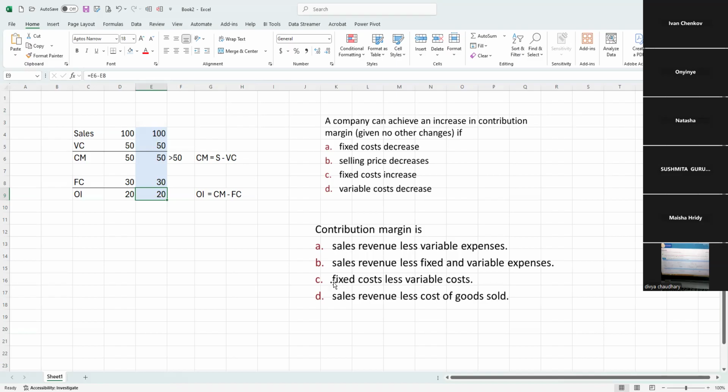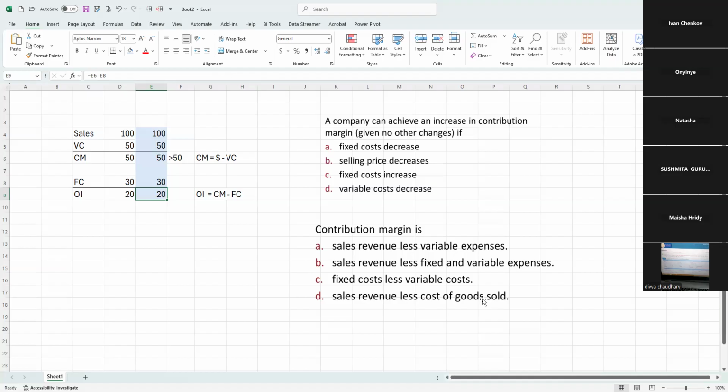That's why in multiple choice questions, there will always be one answer that is a completely stupid answer. In this case, that's our stupid one. And the sales revenue less cost of goods sold, what is that going to give us? There is a formula. Think about the first part of the course, the first three chapters.